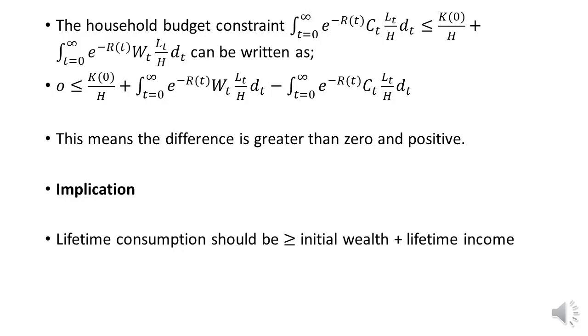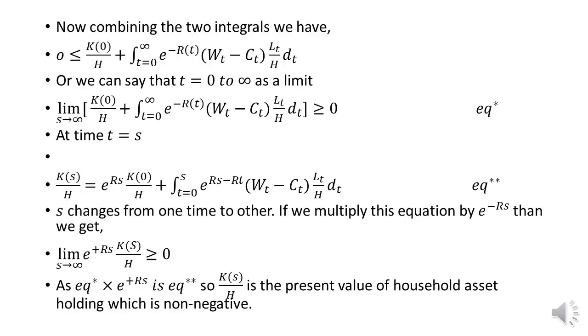And the implication of this will be that the lifetime income plus the initial wealth should be greater than the lifetime consumption. We can combine the two integrals, so wages minus consumption and the rest as it is, and we can say that the difference will be greater than or equal to 0.